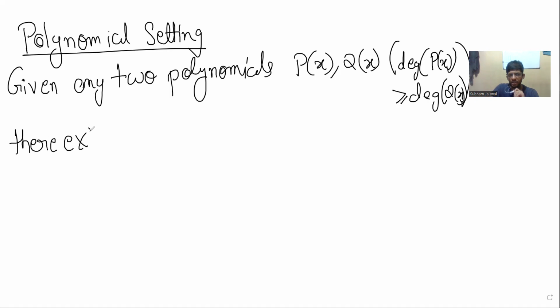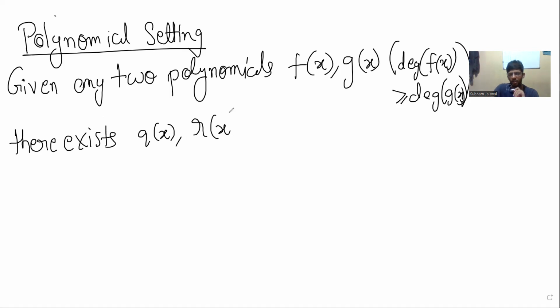So there exists, maybe this is not such a good notation, because q(x) is used for quotient. There's no rule like that, but it just makes it easier to understand. There exist, I'm just writing in small letters now, q(x) and r(x).